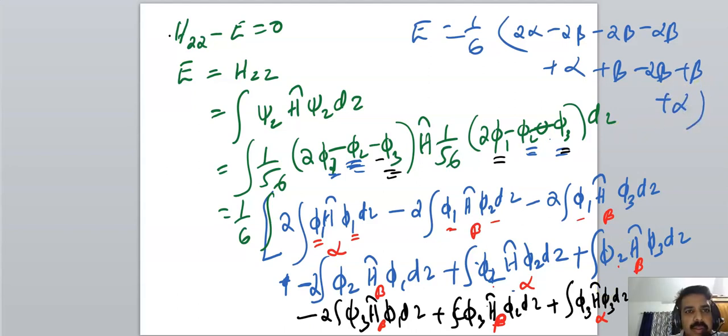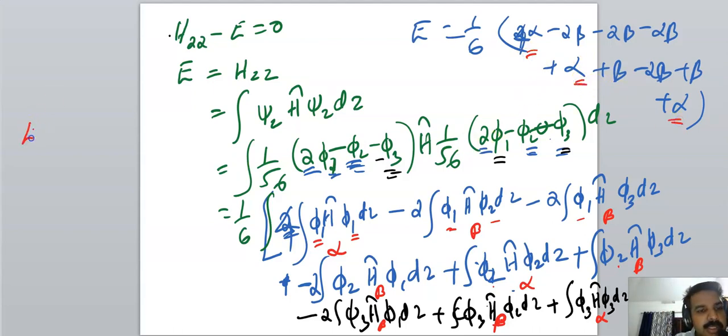Okay, actually there is a mistake here. It is not 2, it is 4, because this 2 into this 2, 4 here, therefore it is 4 alpha. Okay, then this reduces to 4 alpha plus alpha, therefore 6 alpha.